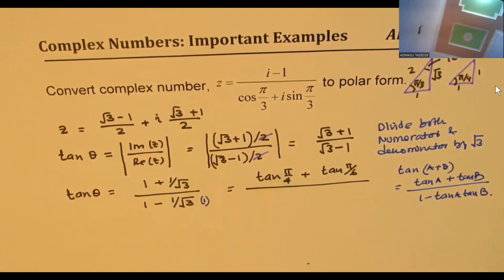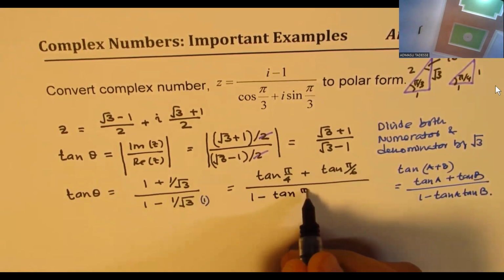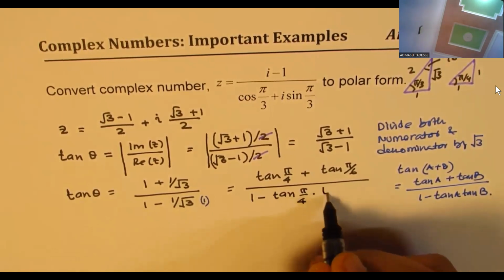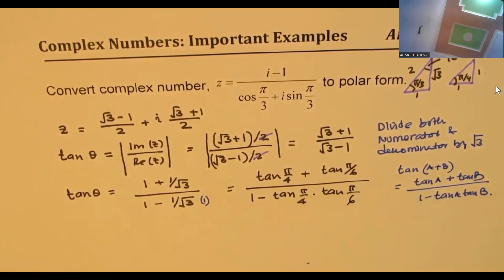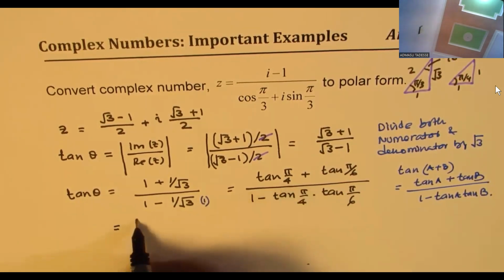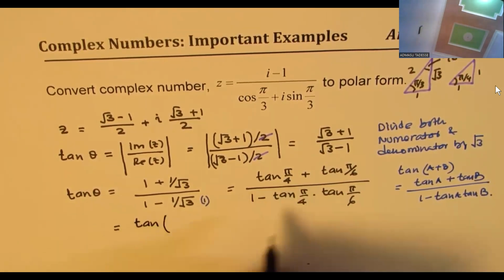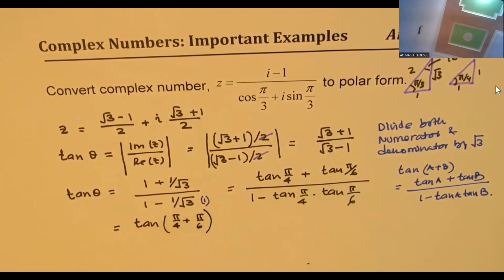So we could write the denominator as 1 minus tan pi by 4 times tan pi by 6. It may not make sense at first, since tan pi by 4 is 1, but we could always multiply and write it like this, and that really helps us get the result. So the angle is the sum of pi by 4 and pi by 6. You get the idea.